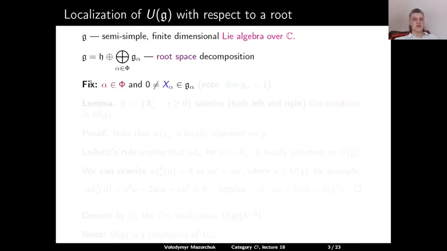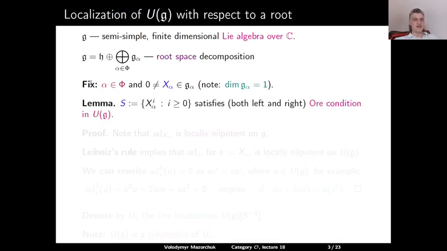Let us fix a root alpha in phi and a non-zero element x_alpha in the root space g_alpha. Note that the root space is one-dimensional, so the element x_alpha is defined uniquely up to a non-zero scalar.